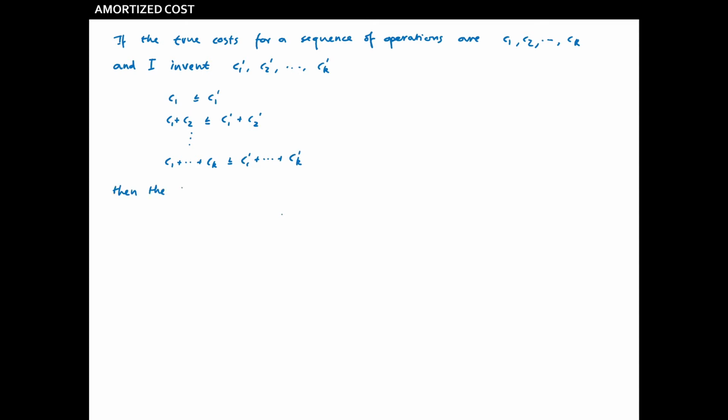Then these costs, C1 prime up to CK prime, are called amortized costs.